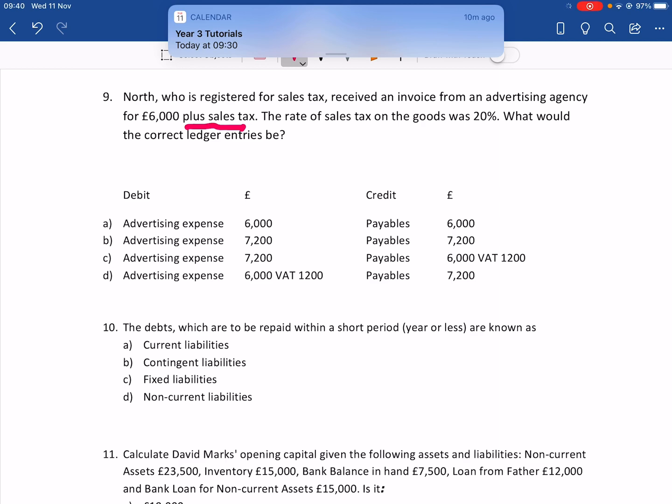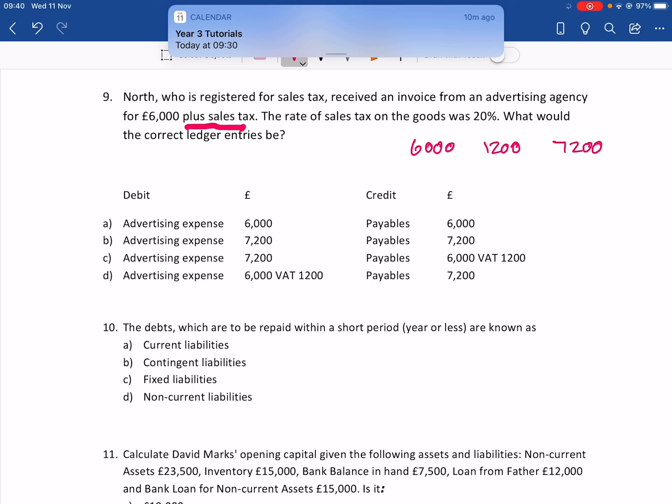So to do the calculation, we go 6,000, and then the VAT on that at 20% is 1,200. Therefore, the total amount is 7,200. So how to record this? Basically, it's what we owe them. We've not paid them yet. We received an invoice, so that shows we've not paid them.